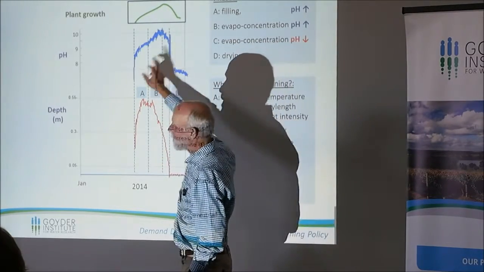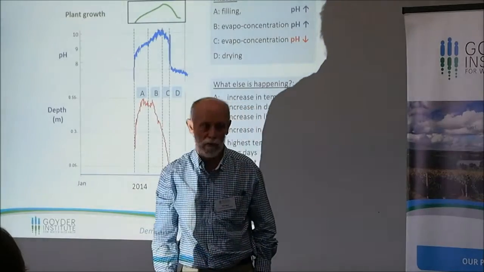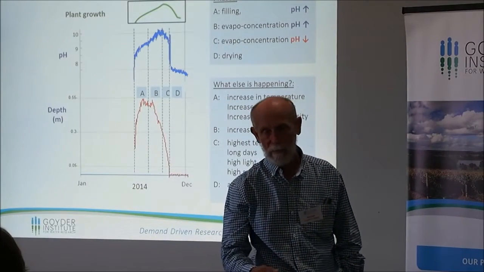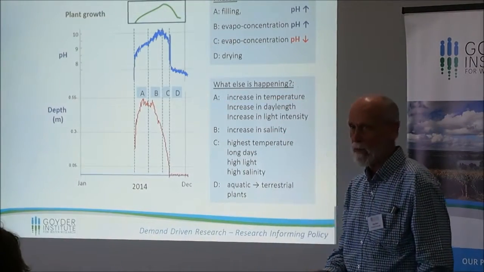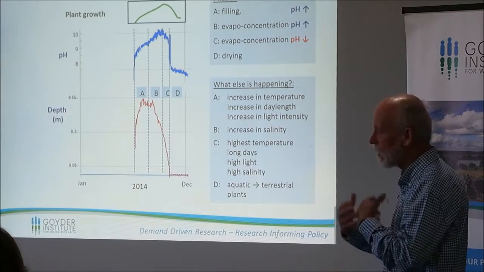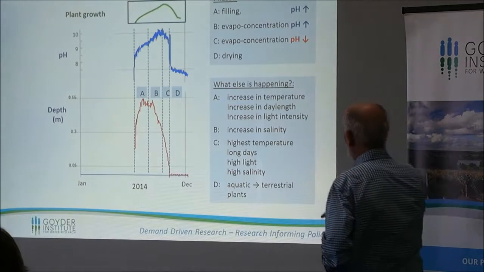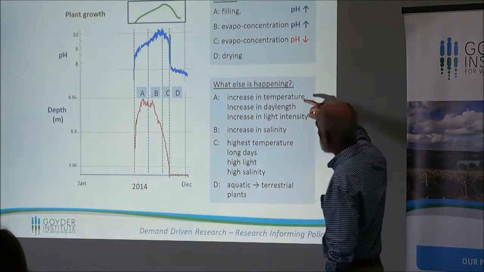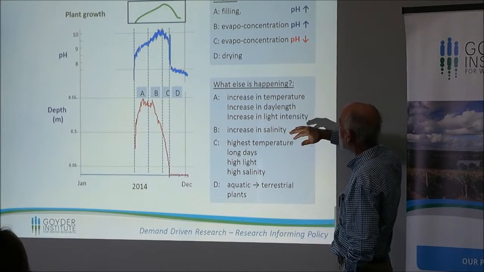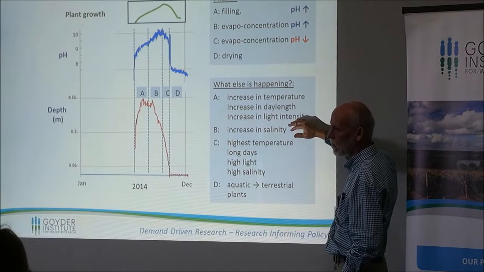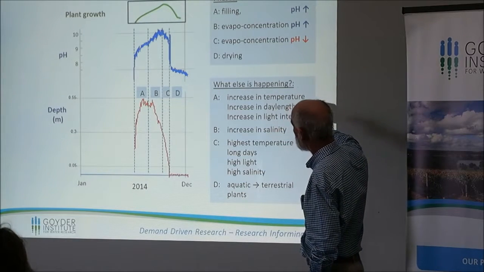The other thing that's happening is that we're getting plant growth. We start out with terrestrial vegetation, and as it gets flooded, it gets converted into aquatic vegetation. During this A phase, there's an increase in temperature, an increase in daylight, and an increase in light intensity, all of which are conducive to plant growth.